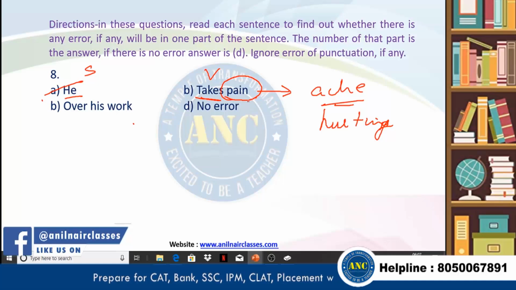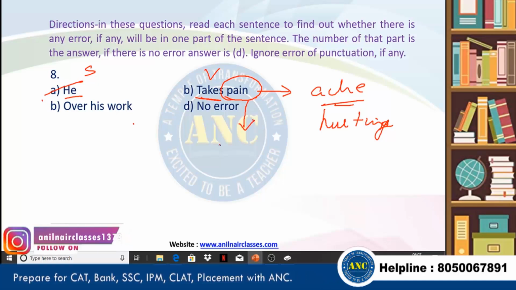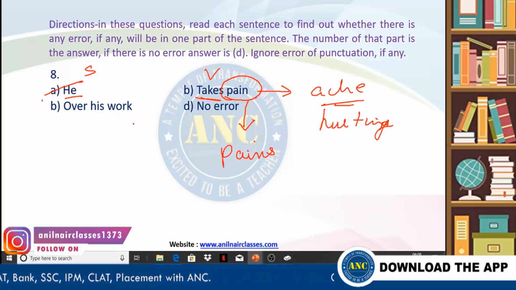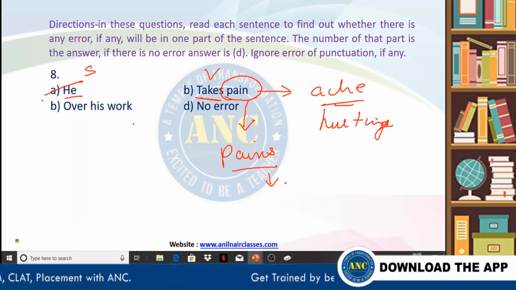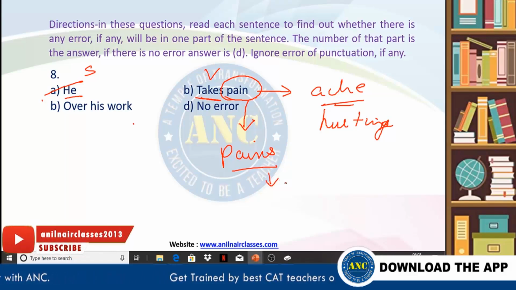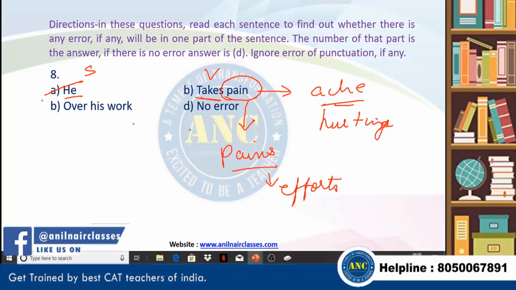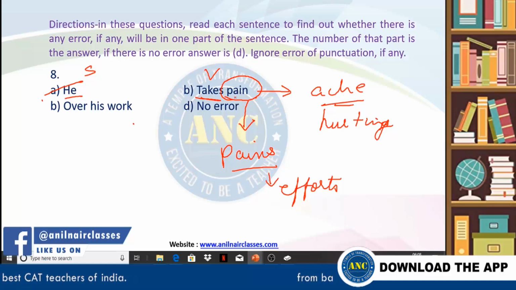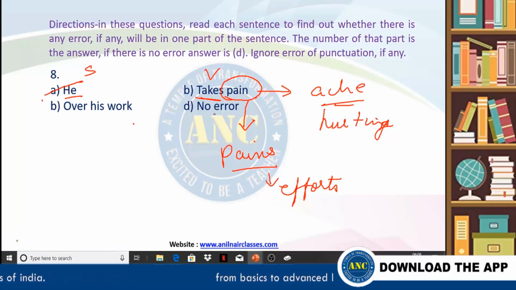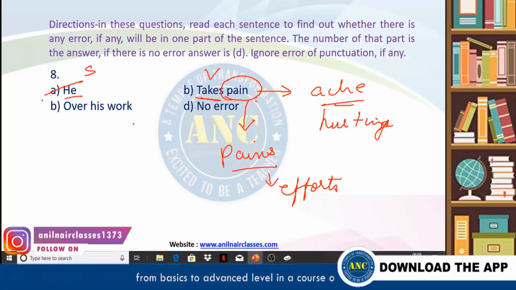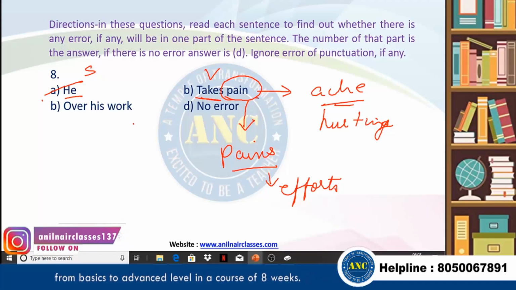But the other meaning of pain, when you make it plural, pains, means efforts. We have discussed this also in our nouns when we were learning the concepts. When we change the noun between the singular and the plural form, the meaning changes. That's why we use them according to the context.